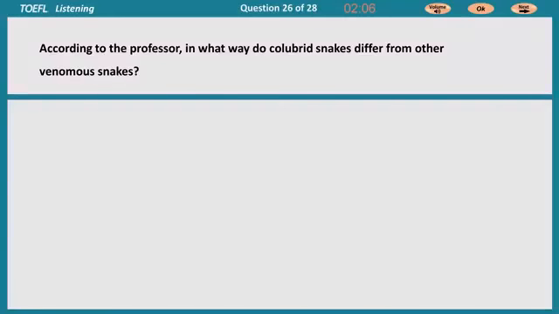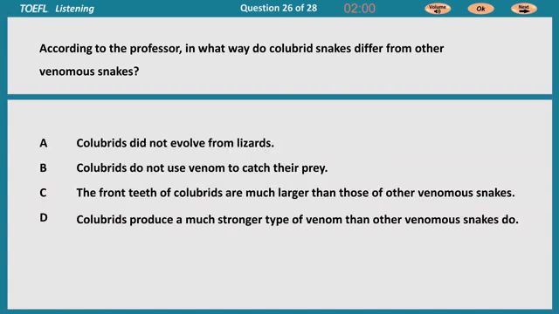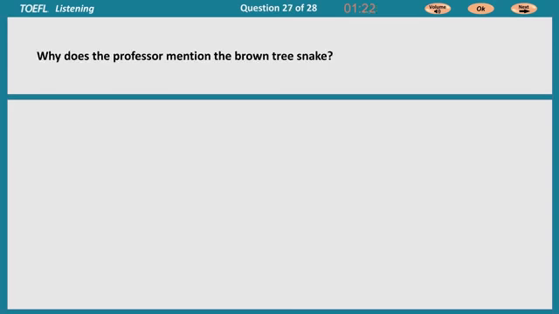According to the professor, in what way do colubrid snakes differ from other venomous snakes? Why does the professor mention the brown tree snake?